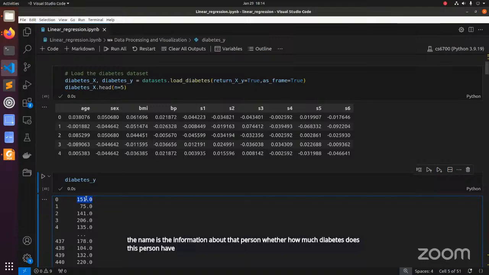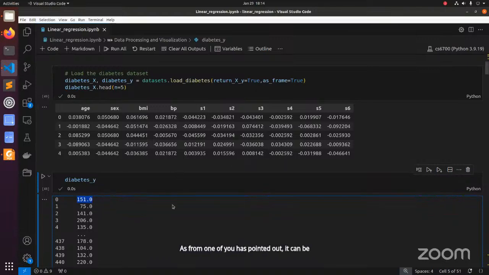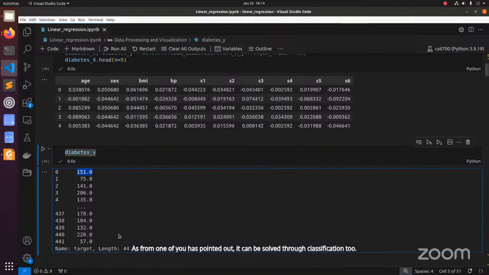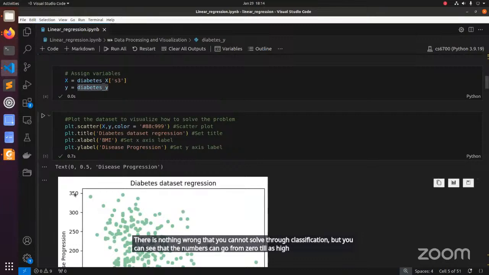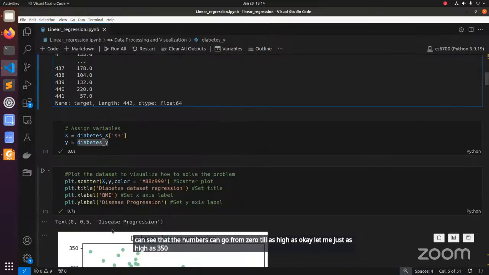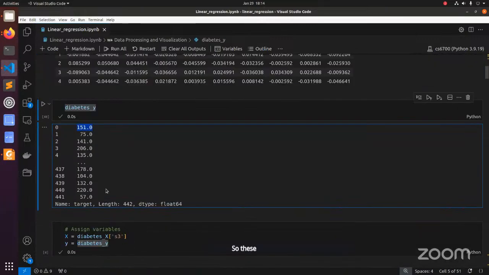As one of you has pointed out, it can be solved through classification too. There is nothing wrong with solving it through classification, but you can see that the numbers can go from 0 till as high as 350 or even 400. So these are all from 0 to 400.